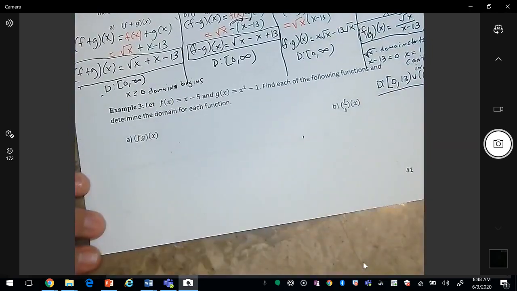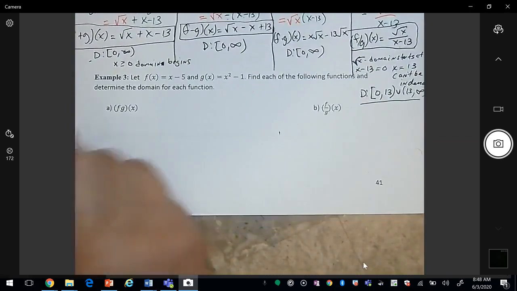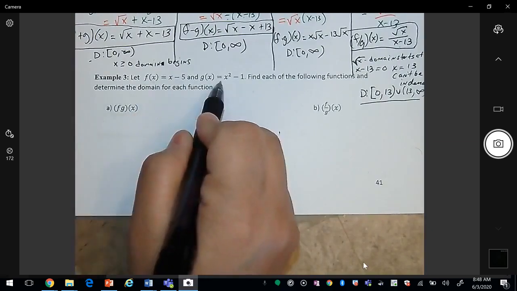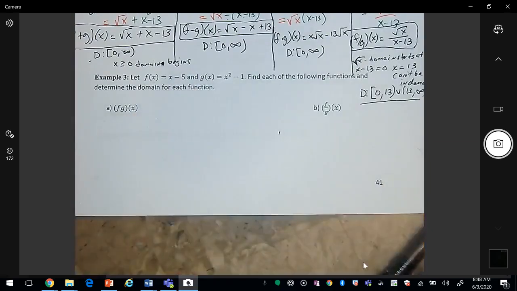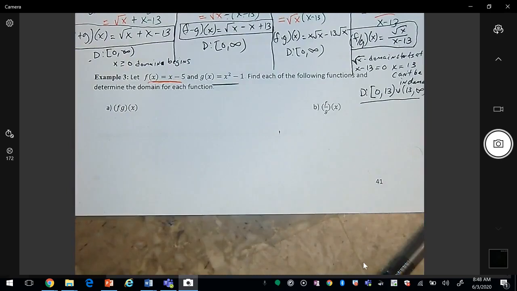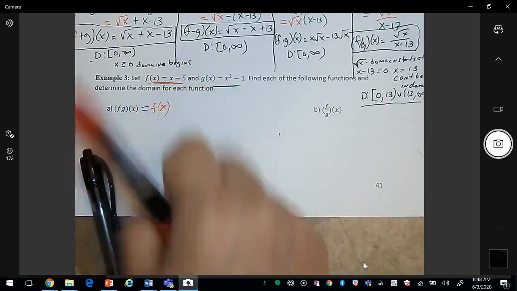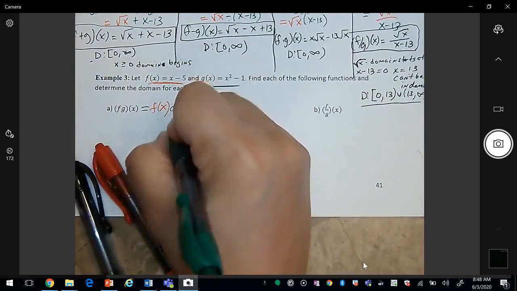Okay, the next one. We have f of x equals x minus 5, and g of x is x squared minus 1. And we're trying to find the product. So the product here is going to be f of x times g of x.